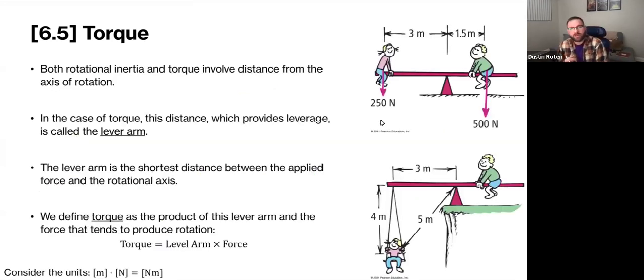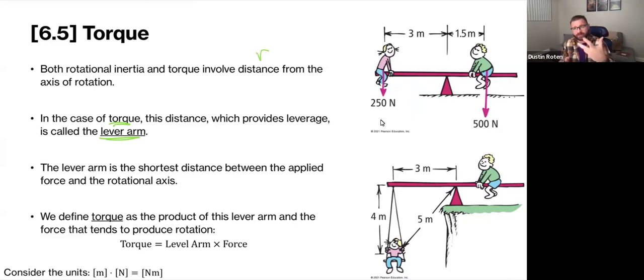Both rotational inertia and torque involve distance from the axis of rotation. So again, we're going to have this R in here. In the case of torque, this distance, which provides leverage, is called the lever arm. Obviously with this seesaw, these kids are applying torque to the seesaw.